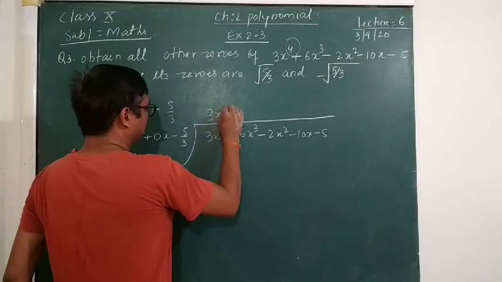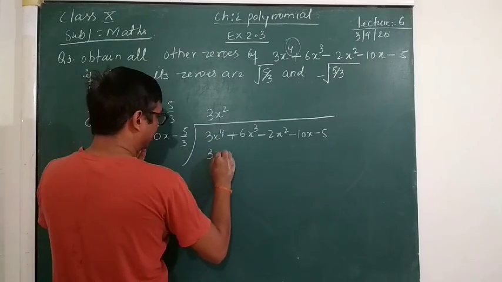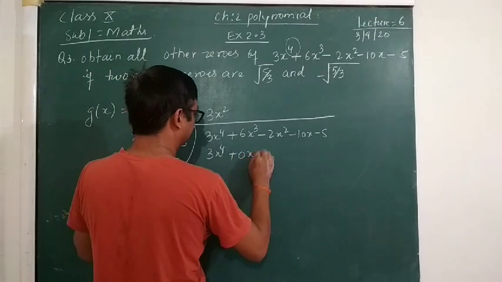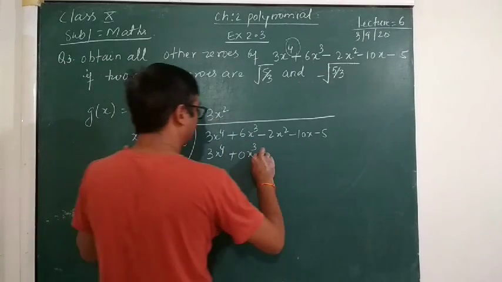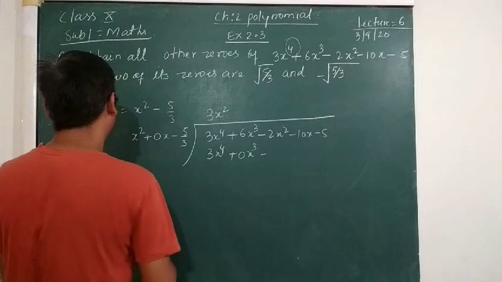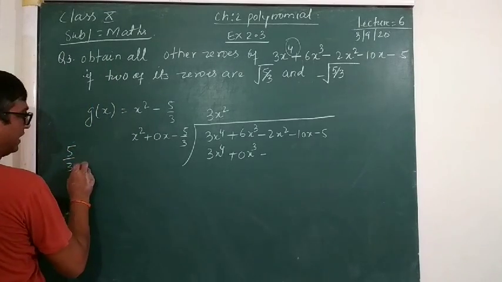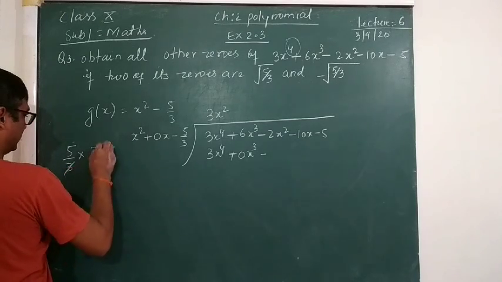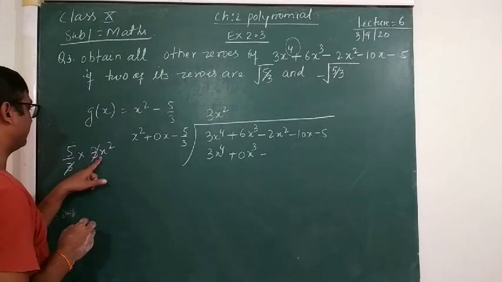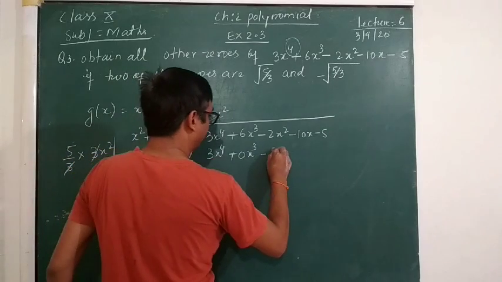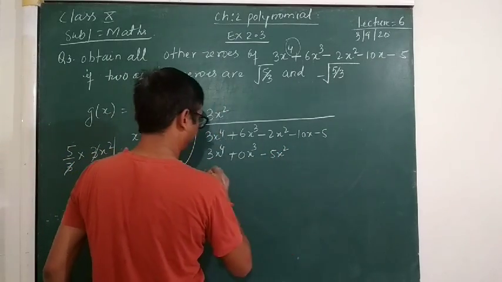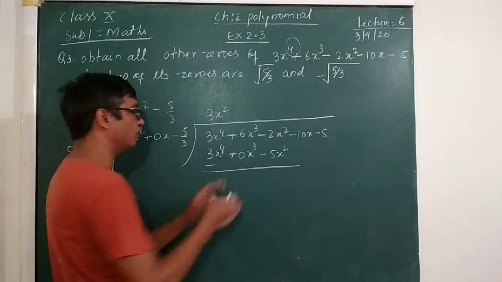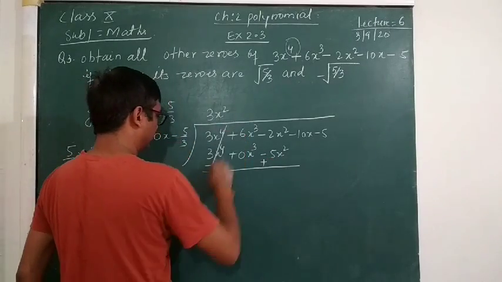You will write 3x square, so you will get 3x^4 + 0x^3 - 5x^2, because 5/3 into 3x square, the 3 cancels, so you get 5x square. Signs change, so this is cancelled.